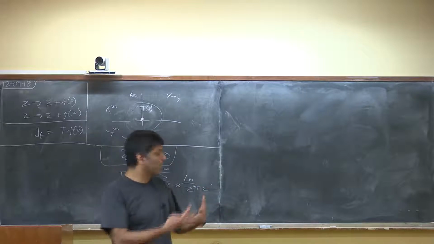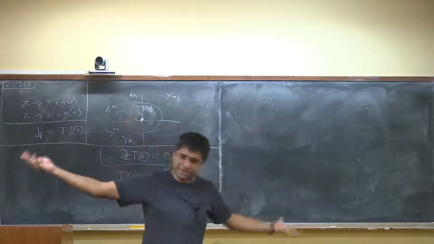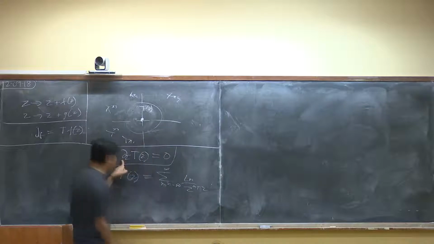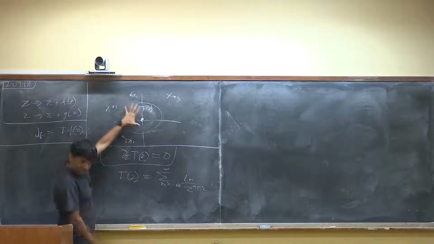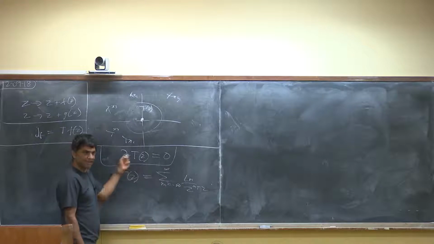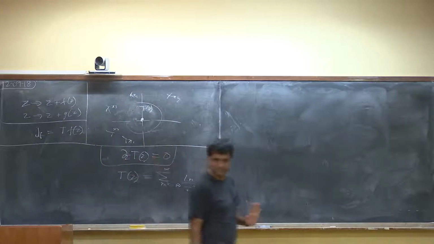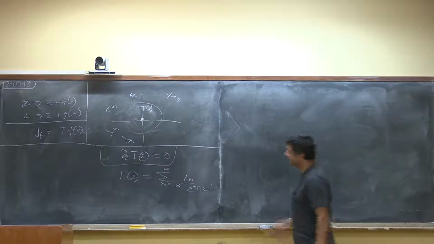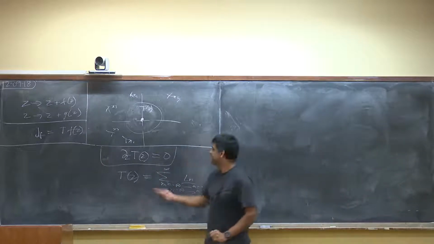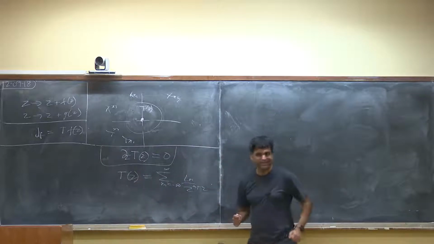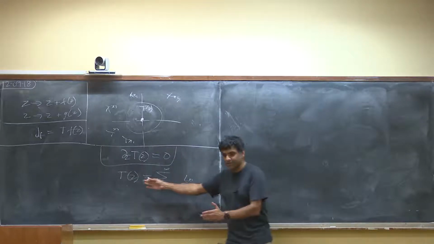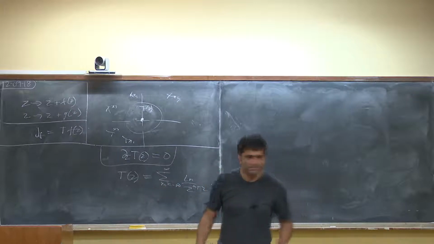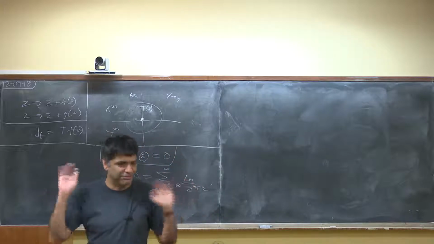So this correlation function is a function of many variables, and one of the variables is z. When I make this statement, what I mean is I hold all other variables fixed and vary only z. So it's a clear statement about correlation functions. I sometimes loosely say this statement, but what I mean is that it's true for any correlation function. And these are always statements about correlation functions.